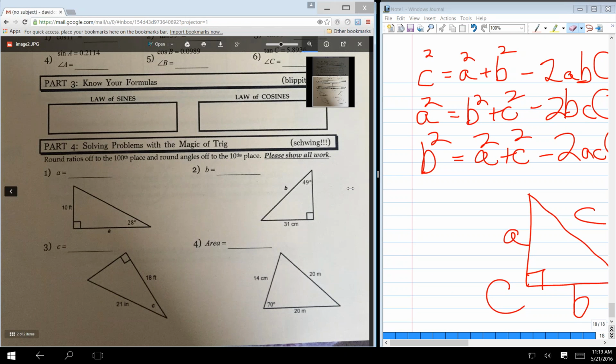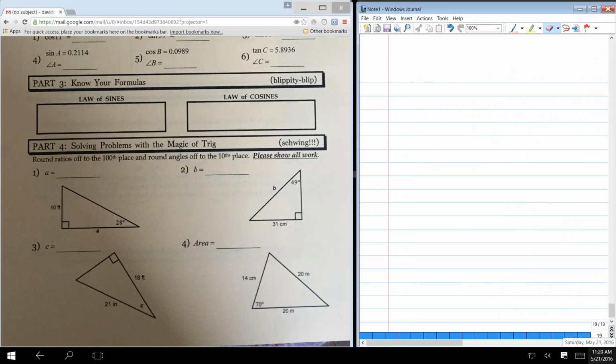Okay. In your calculator again. Well, first of all, what equation is going to let you solve for A in number 1? Always start with the angle and figure out the trig function of that angle. So what do you have in your backpack here? What do you mean?